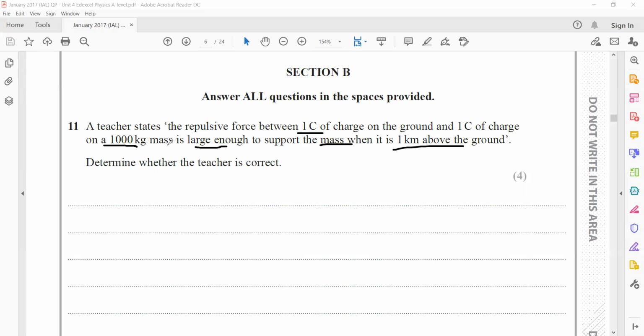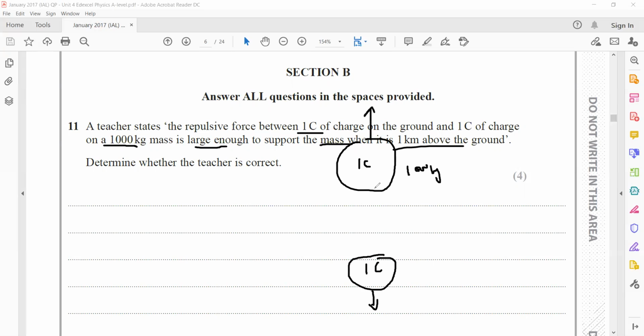So basically, what happened, like example, if two identical charges are there, like there's a 1 coulomb charge which is on the ground, and there's also 1 coulomb charge on the mass which is 1000 kg. So like charges are there, they will repel each other.